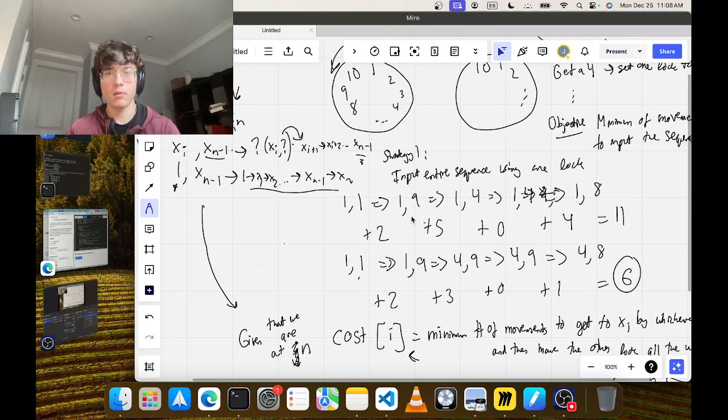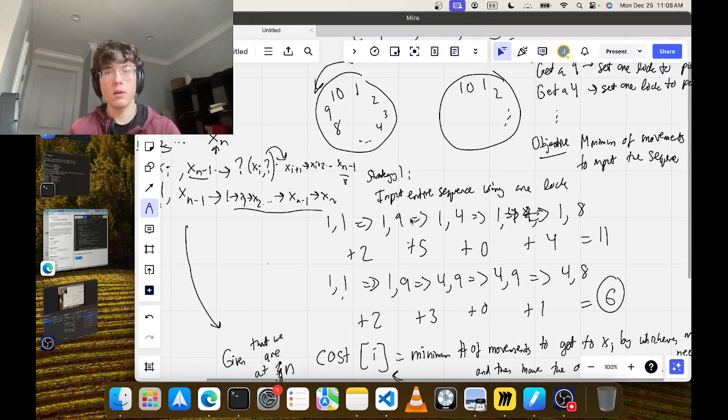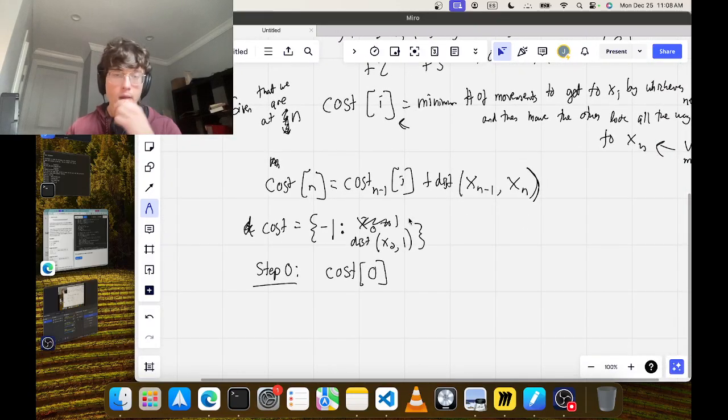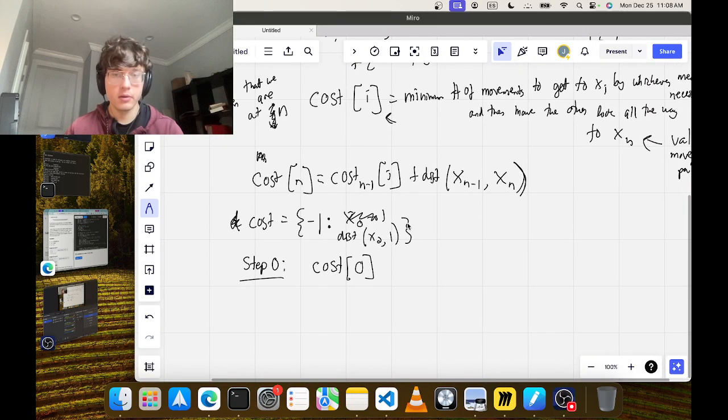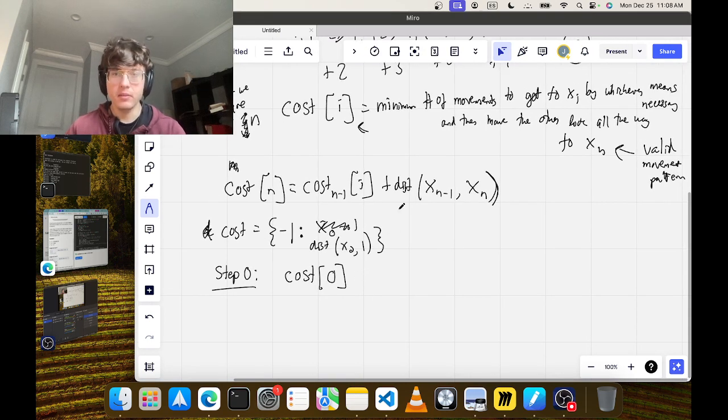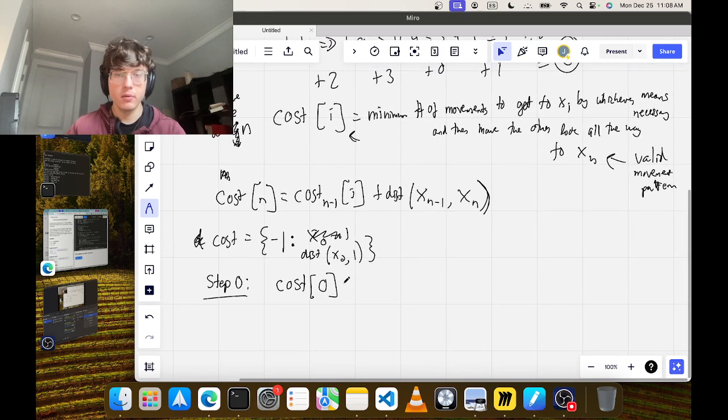You just have one lock, so you only have one choice, and it's to move either one of the locks to position 9. So step 0, cost 0, the minimum movements, will be equal to 2, right?